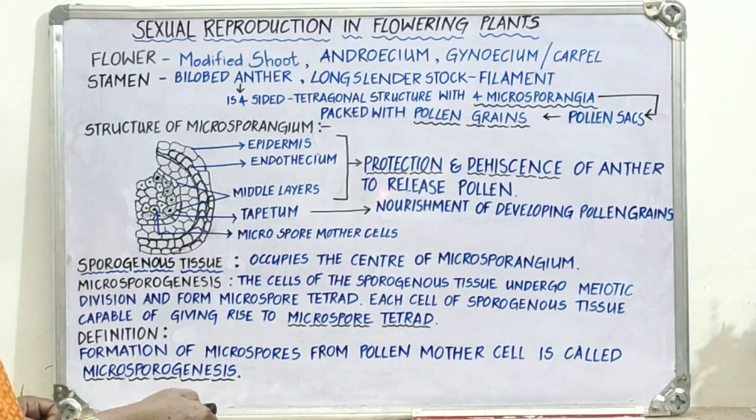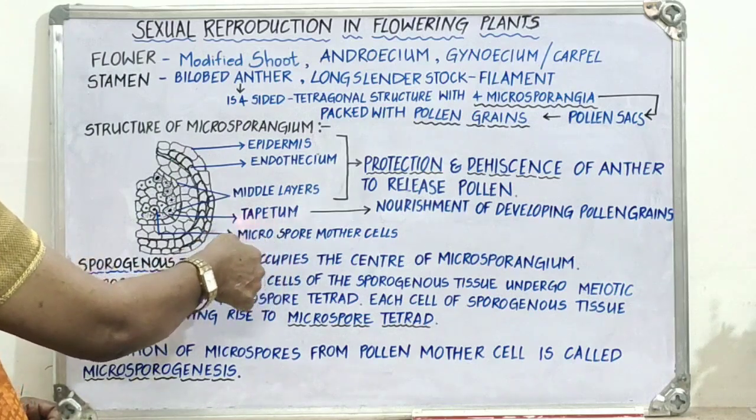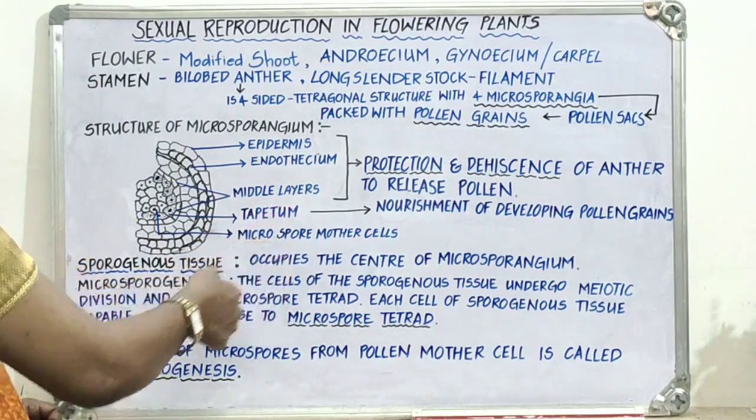For NEET or CET, these two are important. The 3 layers, epidermis, endothecium, middle layers, are meant for protection and dehiscence of anther, whereas tapetum is for nourishment of developing pollen grains. So this is also very important. Innermost layer, it is tapetum.